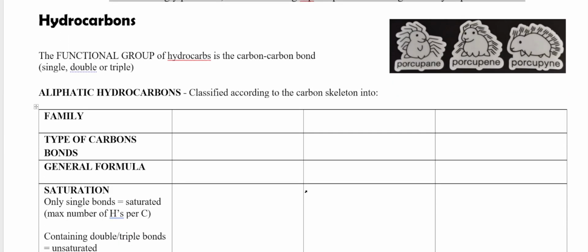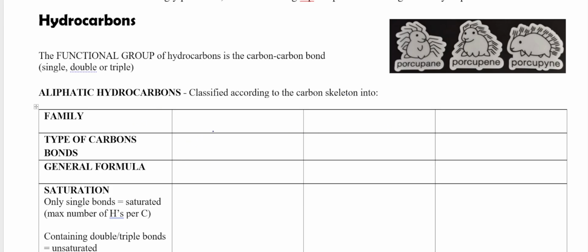Let's now focus on hydrocarbons. So the functional group of hydrocarbons is the carbon-carbon bond, so the single, double, or triple bond. So we're going to start with aliphatic hydrocarbons. Aliphatic hydrocarbons are classified according to the carbon skeleton into these 3 families.